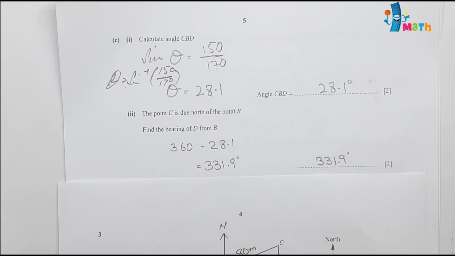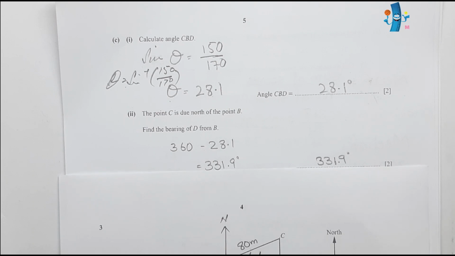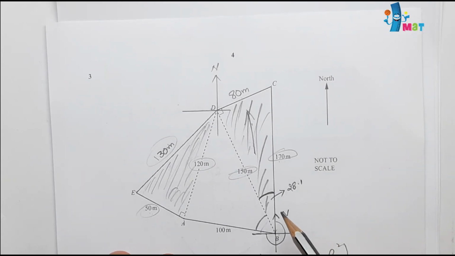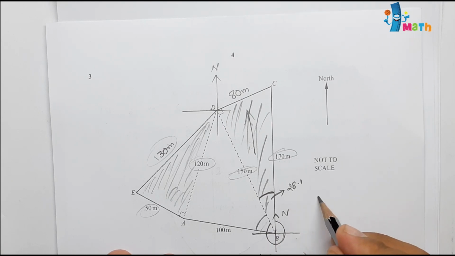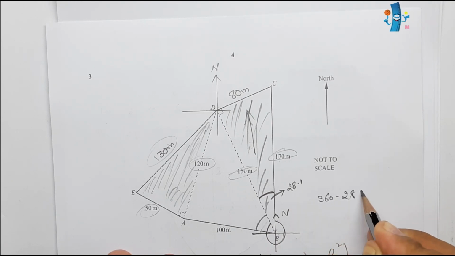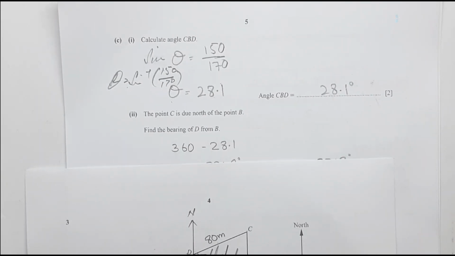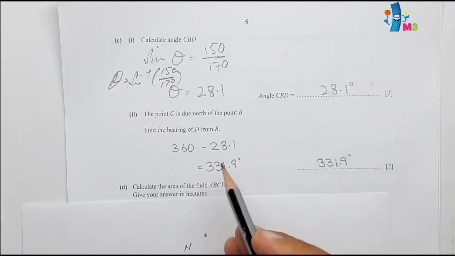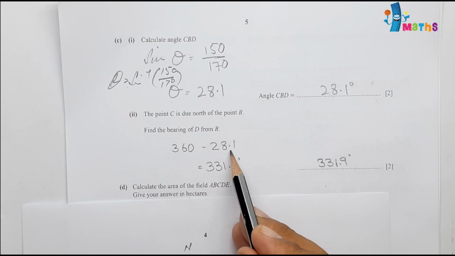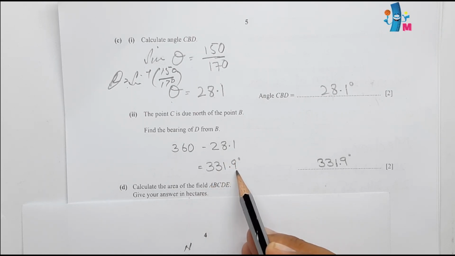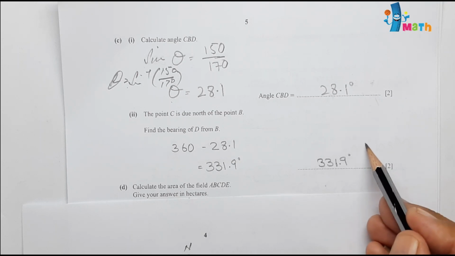So starting from this north up to this angle is 360 minus 28.1, and if we calculate this, it will be 331.9. So this will be our answer.